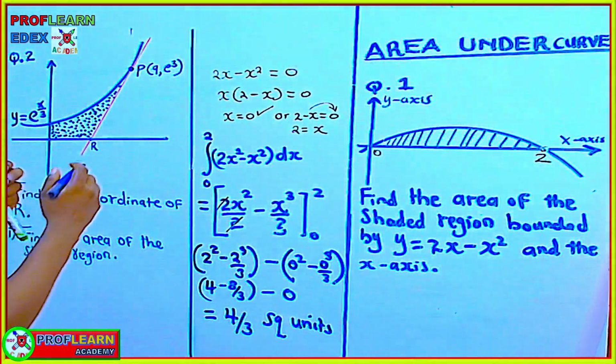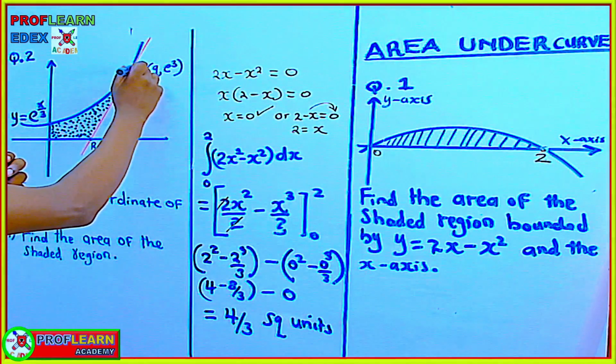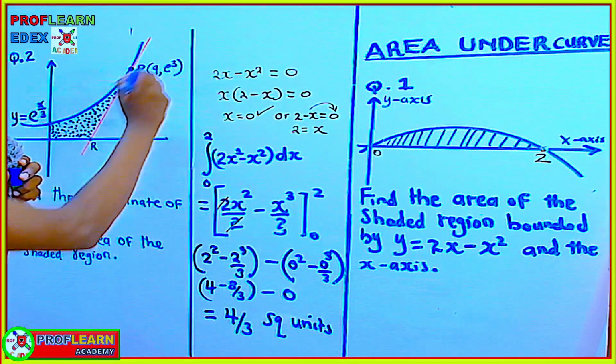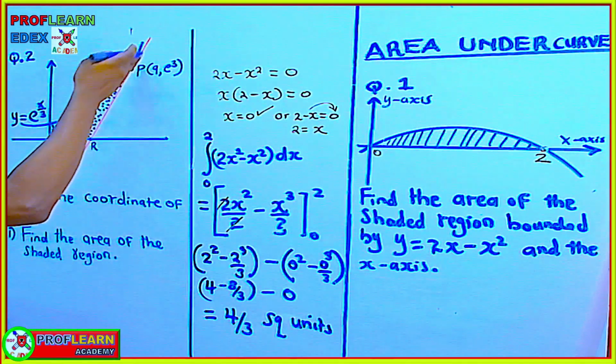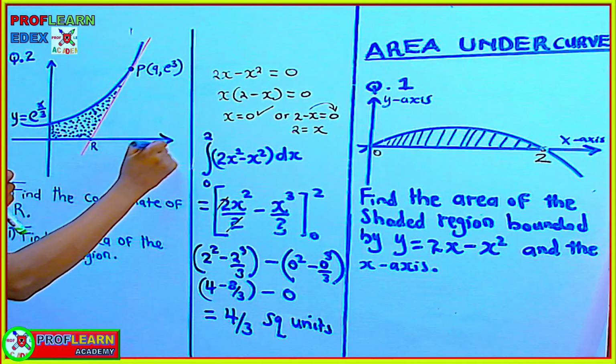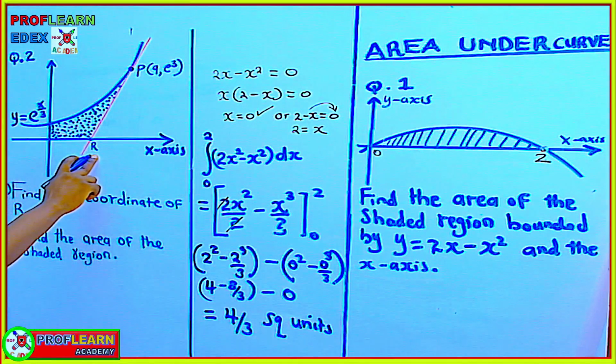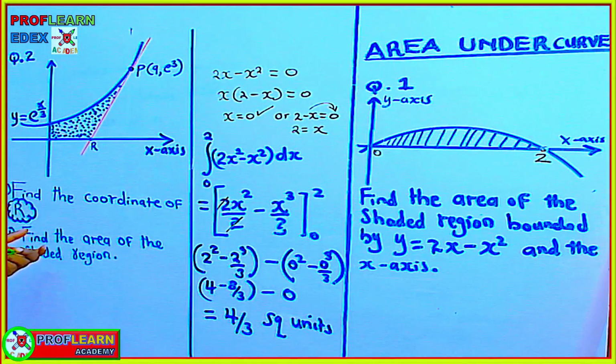There is a tangent to the curve at point P, where the coordinate of P is (9, e cubed), and the tangent cuts the x-axis at the point R. We are supposed to work out the coordinate of the point R and also find the area of the shaded region.